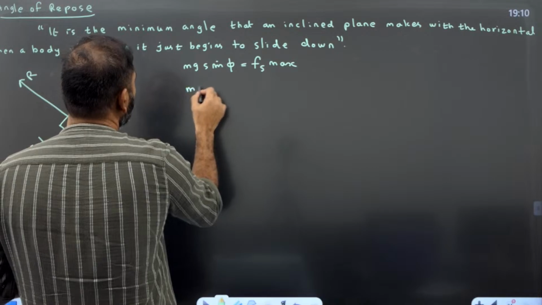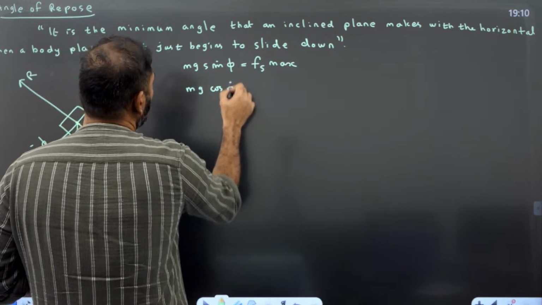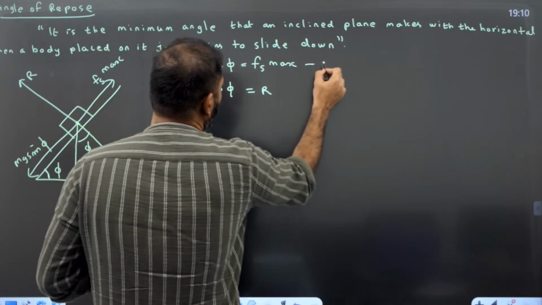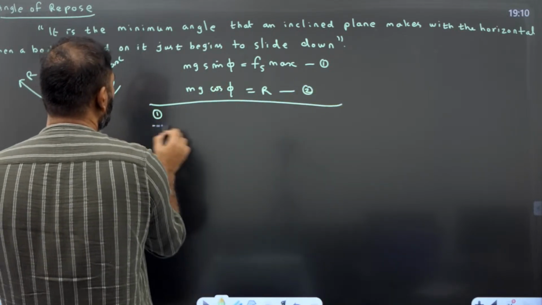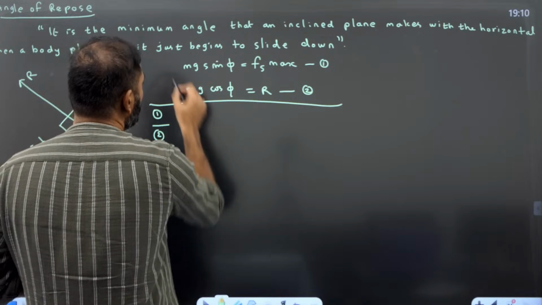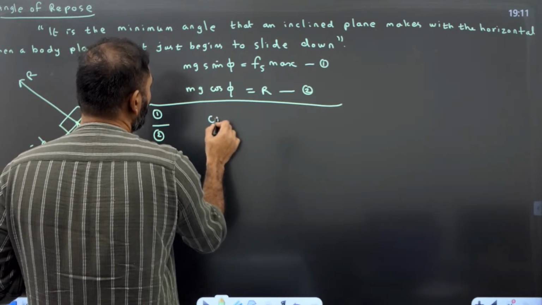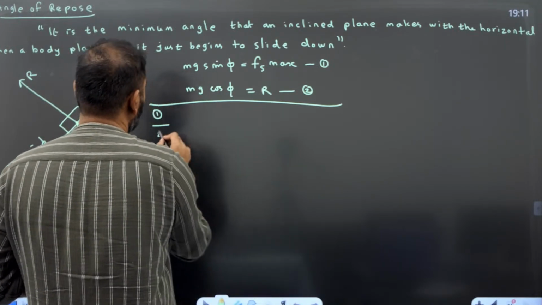Mg cos phi is equal to what? Normal reaction. This is equation 1, this is equation 2. Equation 1 by equation 2 means what? Mg gets cancelled. Sin phi by cos phi is what? Tan phi.